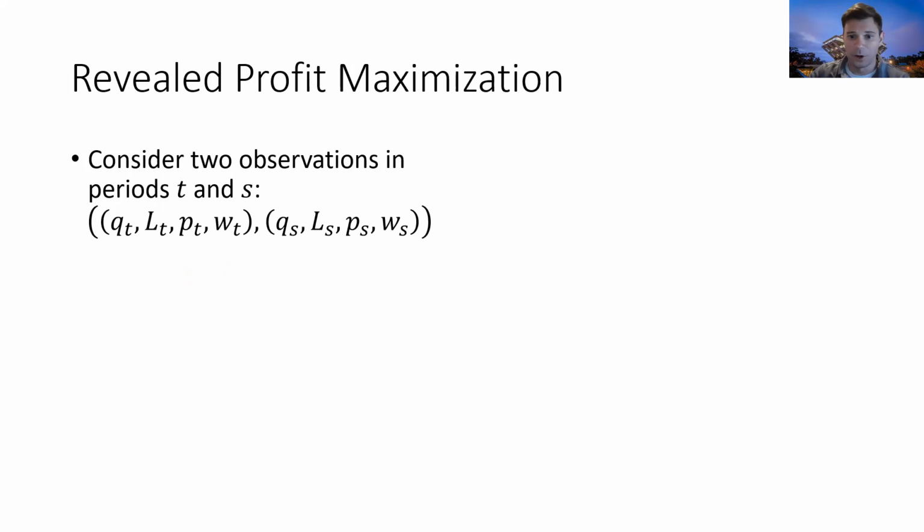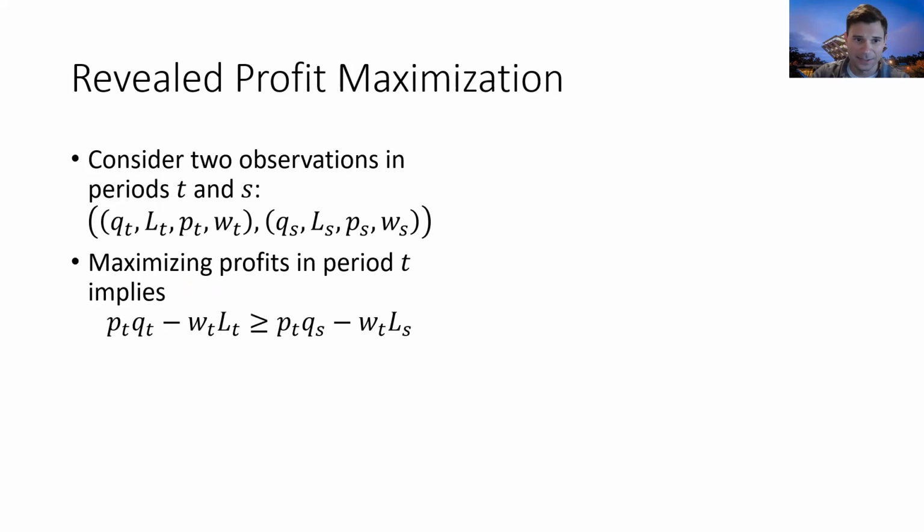We had wrapped up our last segment by suggesting that if we were actually maximizing profits in period T, we argued it had to be the case that profit in period T, if I'm behaving optimally, had to be at least as good as what I would have made facing period T prices doing something different. I want to be clear here that we're dealing with period T prices on both sides of this inequality.